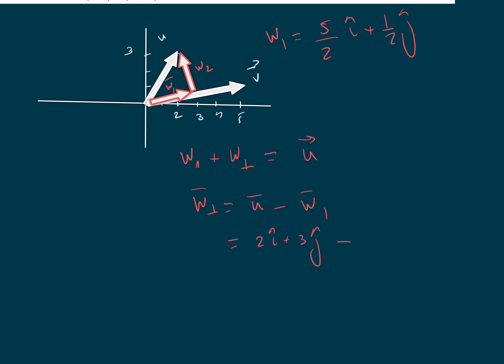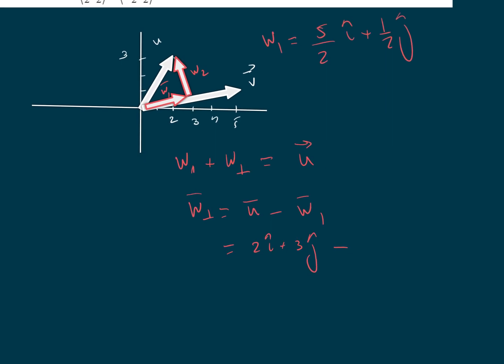Who is W1? The projection of U onto V is 5/2 i plus 1/2 j. And what is the difference between the two vectors? It is 2 minus 5/2, or 4/2 minus 5/2, which is minus 1/2 i. Now we do the j component.